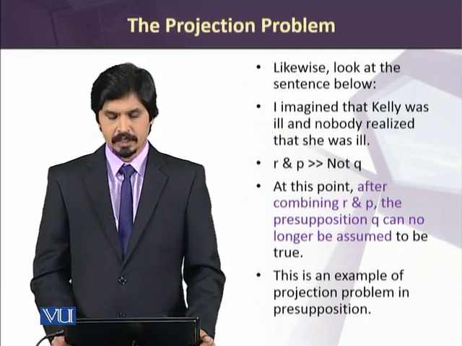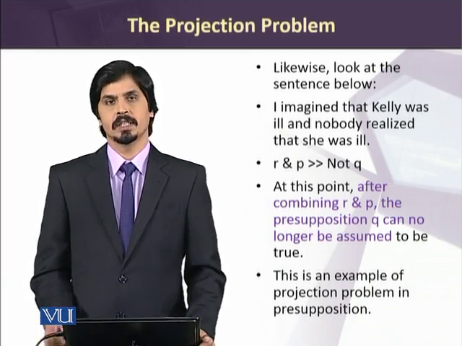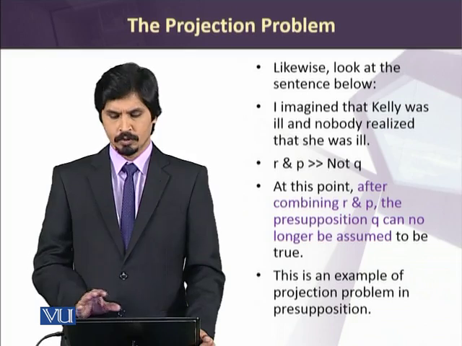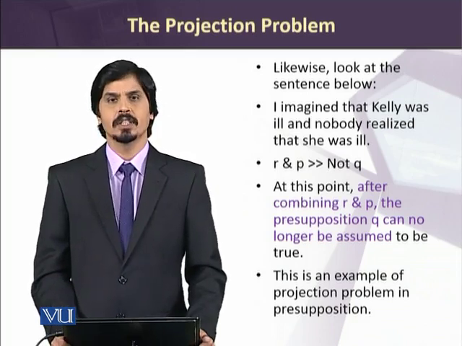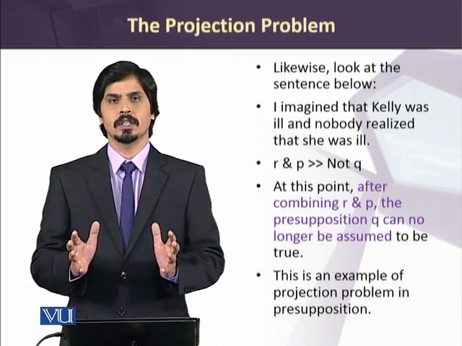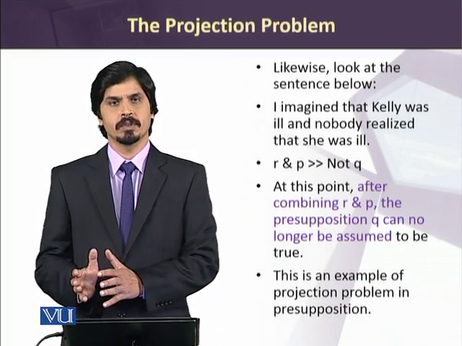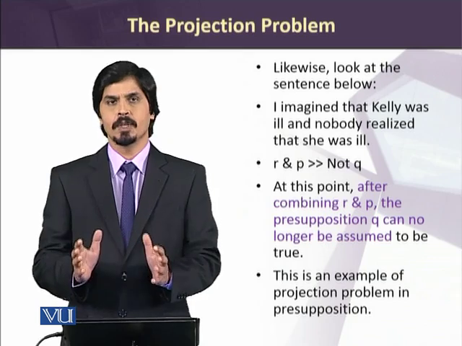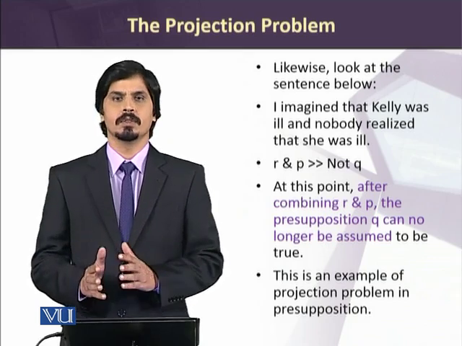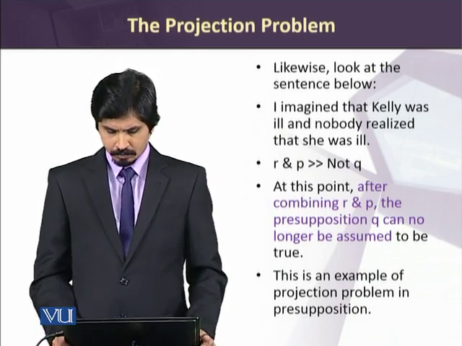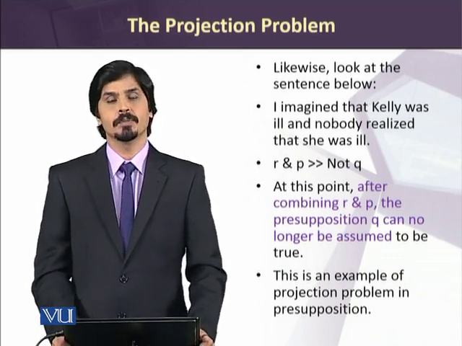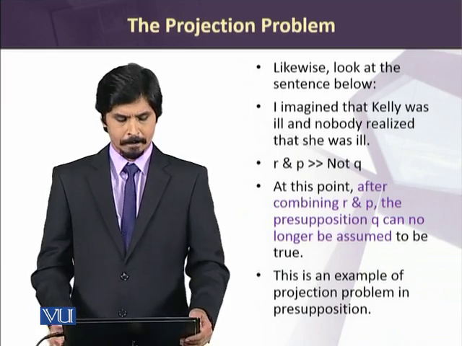So we can see it is not true here that Kelly was ill when we say, "I imagined that Kelly was ill and nobody realized that she was ill." So the Q assumption which we saw in the previous slide may not be true here when it is combined with another statement. This is an example of the projection problem.